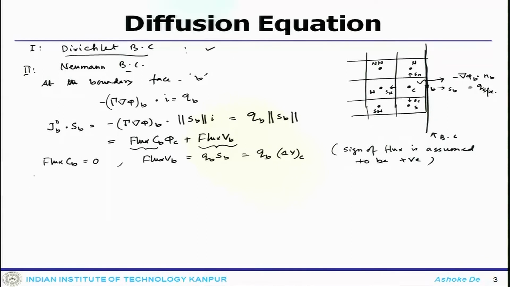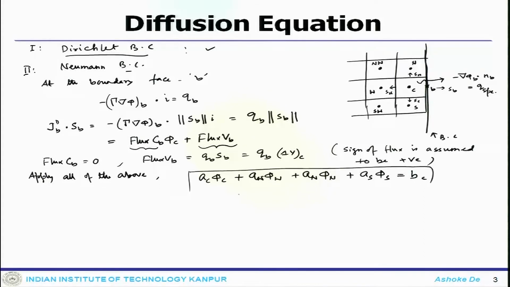So, once you apply all of the above conditions, what we get is AC phi C plus AW phi W plus AN phi N plus AS phi S equals BC. Again, if you look at this particular equation, it looks exactly similar to the equation that we derived for the Dirichlet boundary condition.